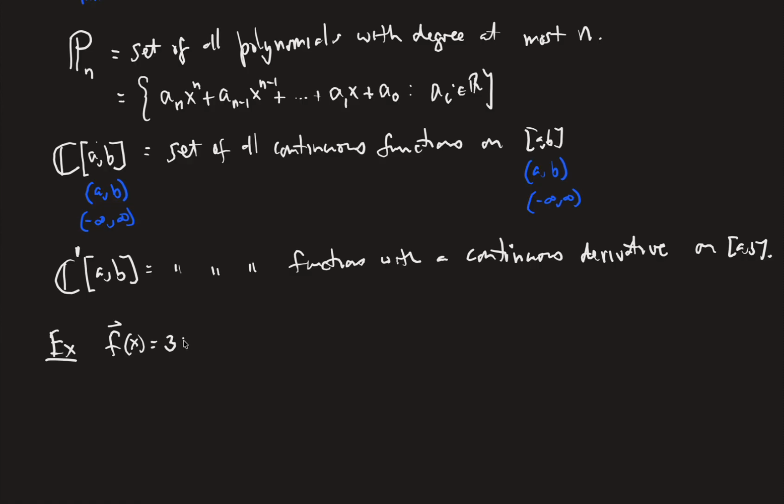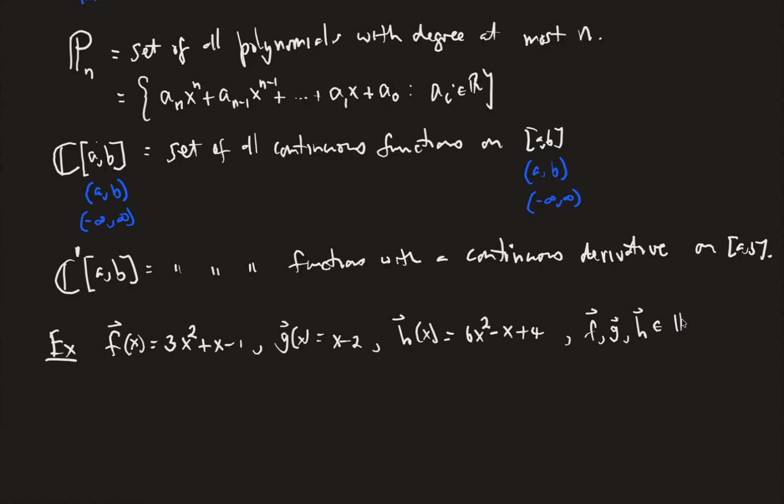So let's say my f of x is 3x squared plus x minus 1, and then let's define g as x minus 2, and then let's define h as 6x squared minus x plus 3. All right, so there are 3, and these are all polynomials, and I'll just make a note that f, g, and h are in P2.